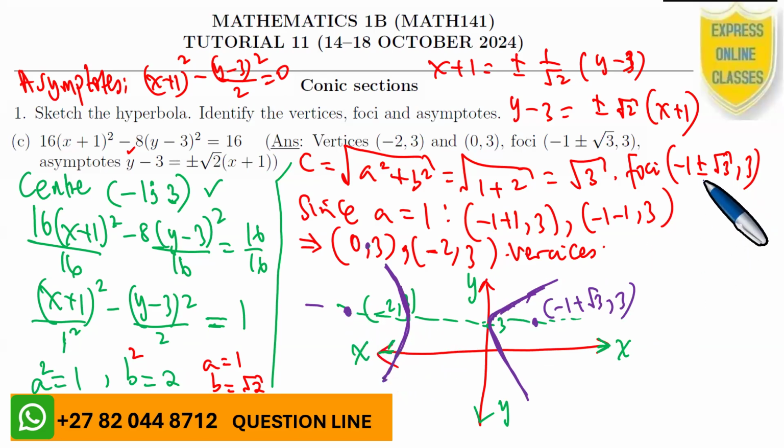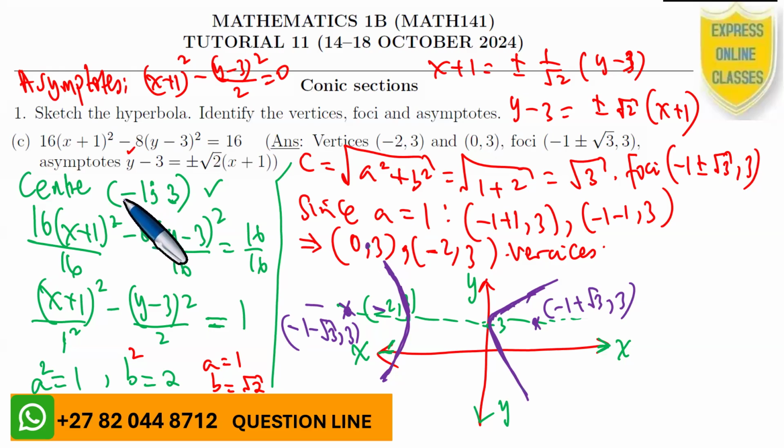So it's going to be like minus 1 minus 1 point something, which is minus 2 point something, which is minus 1 minus the square root of 3 together with 3. Okay, that gives us the foci. Then we need to just catch the asymptotes.